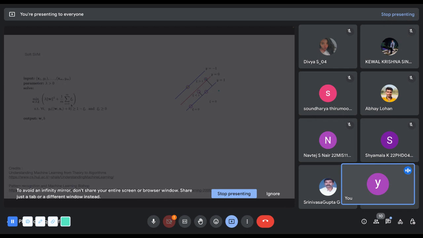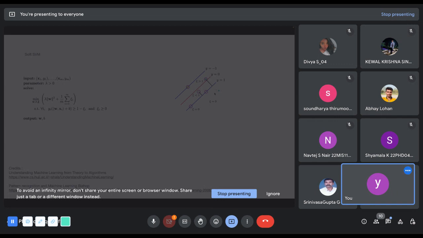It's difficult to explain, the picture is better. I just took this picture from the Bishop book. You can refer to this later on. So this green color is say plus one, and this yellow or golden color you can call minus one.